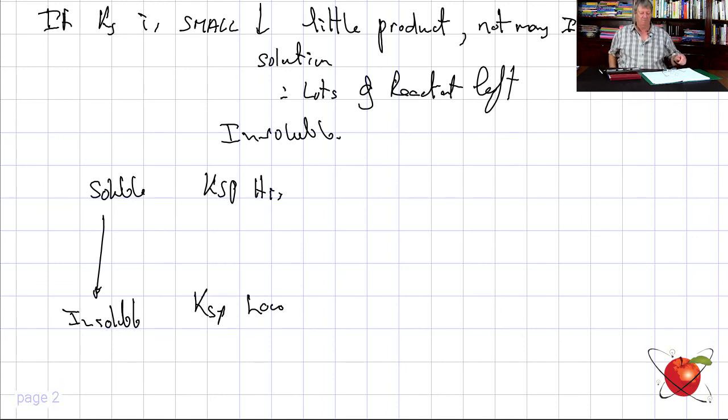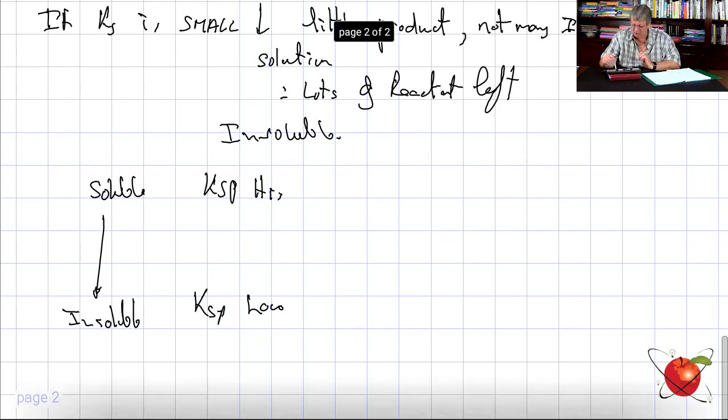Now, I'm going to keep this one short, and then, in the next section, I'm going to go into more of the detail.